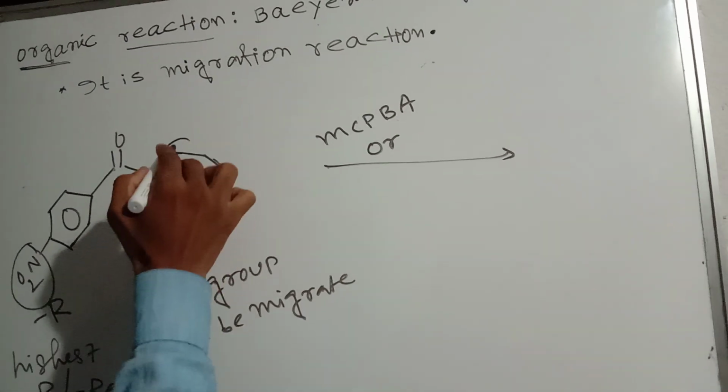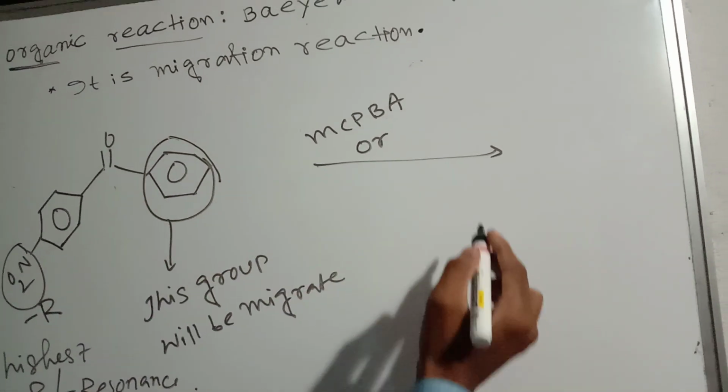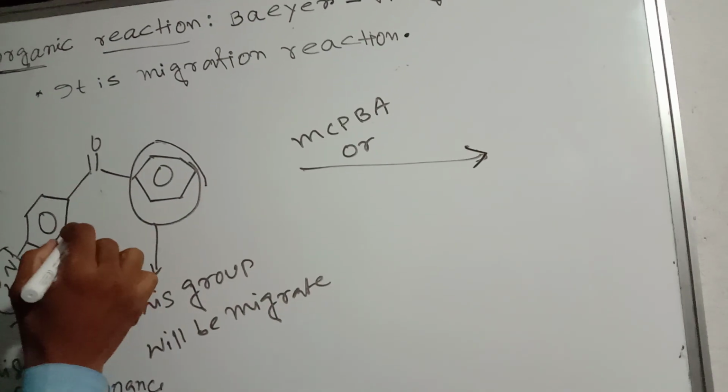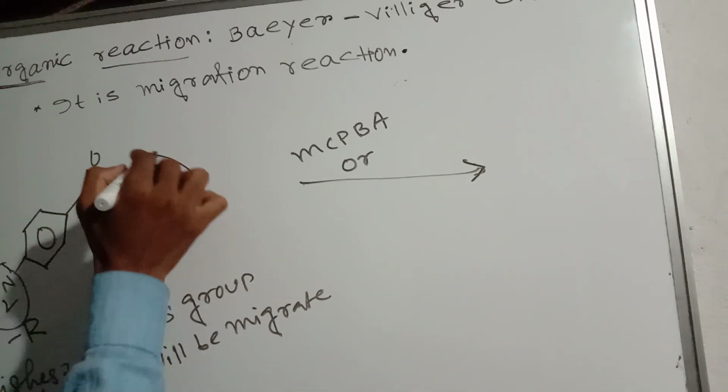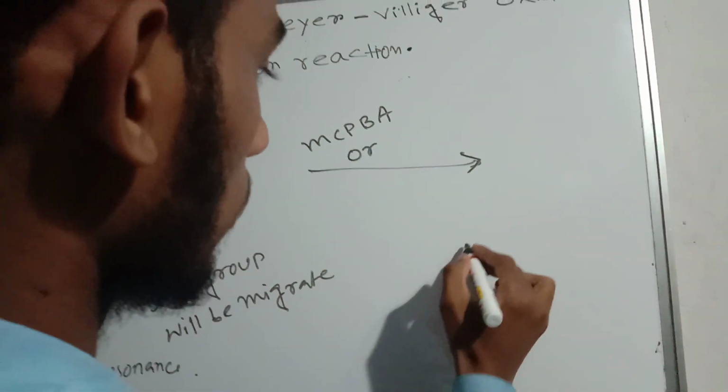Since this group migrates, ultimately the oxygen atom will be inserted between the carbonyl and the phenyl ring. Ultimately we get this product.